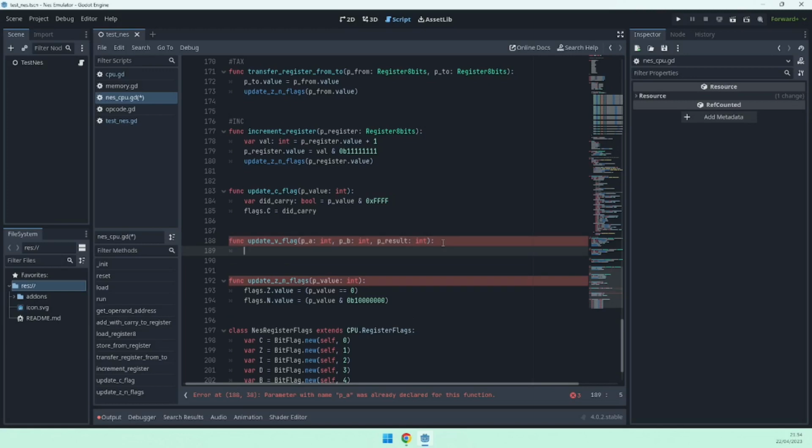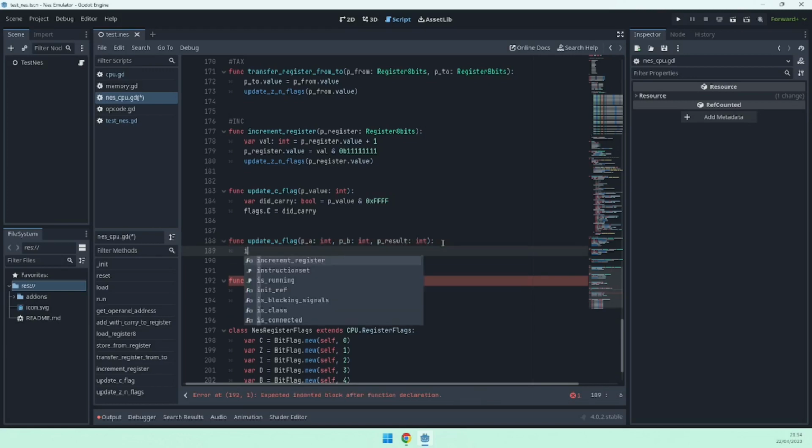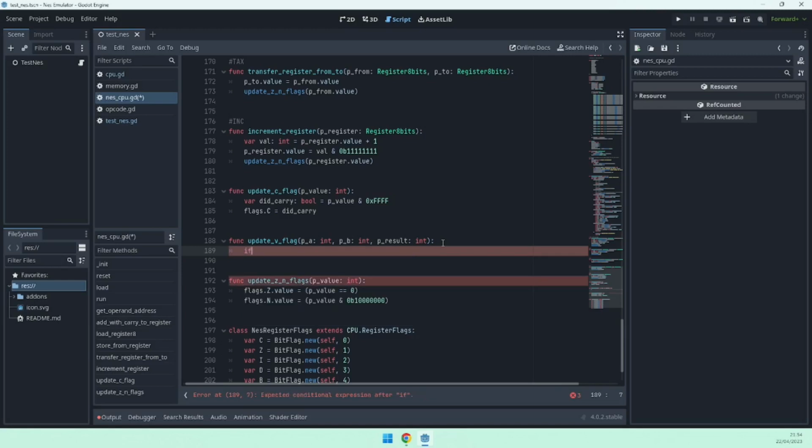So for now, let's try to make it hard-coded.